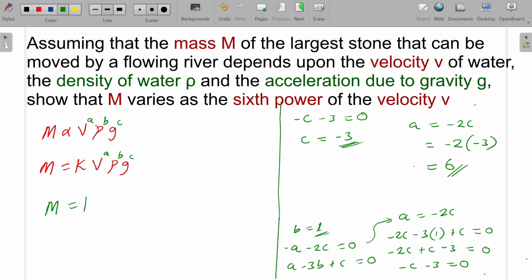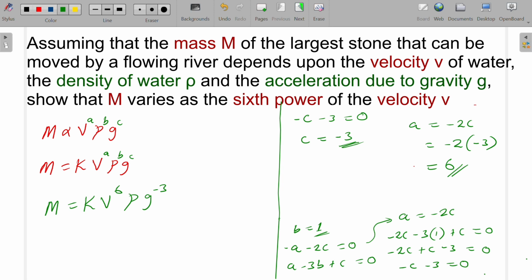All right, so what we have now is M is equal to K, V to the power of a. The power of a is 6, so we put 6. Density is given to the power of b, which is 1. We don't need to show that. And g, acceleration due to gravity, to the power of c, which is minus 3.